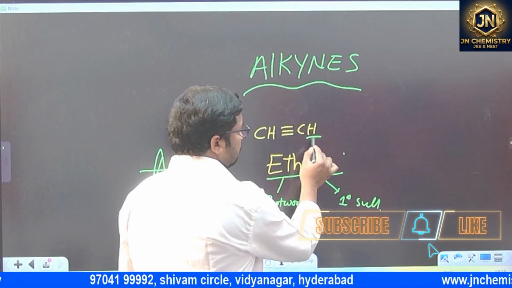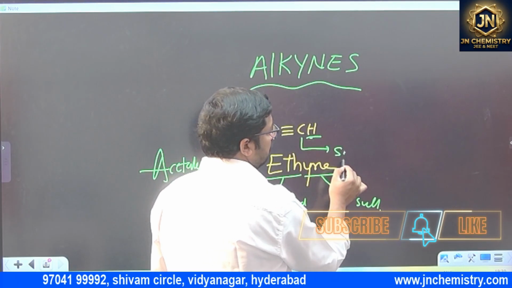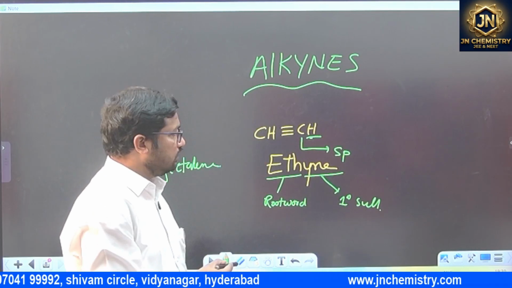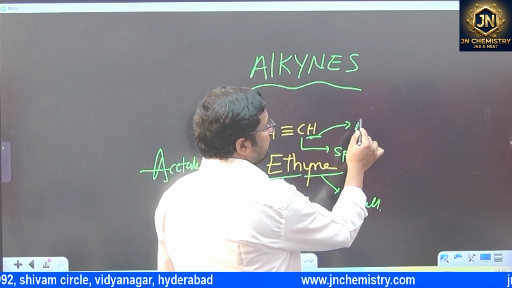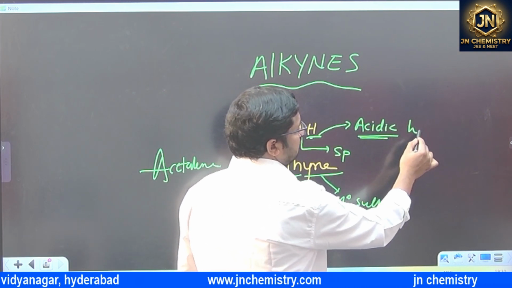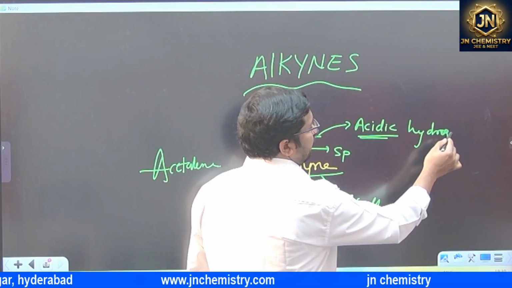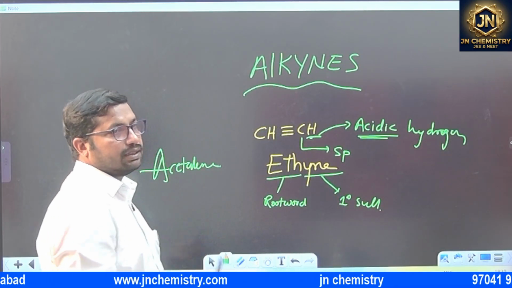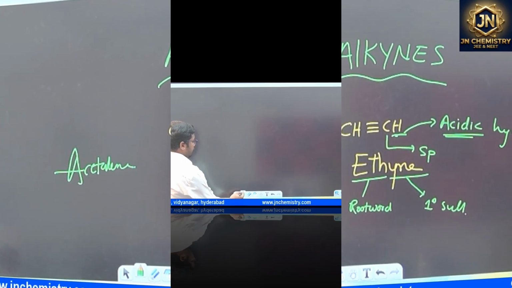This carbon is an sp carbon, so it is a more electronegative carbon. So this hydrogen has an acidic nature. Acidic hydrogen. sp means linear, that we already know.